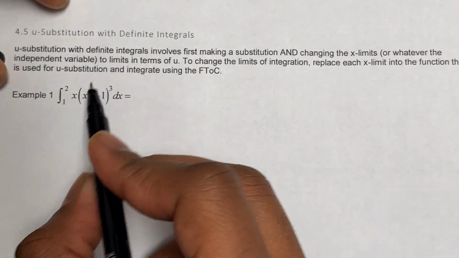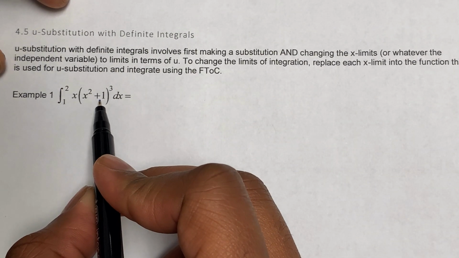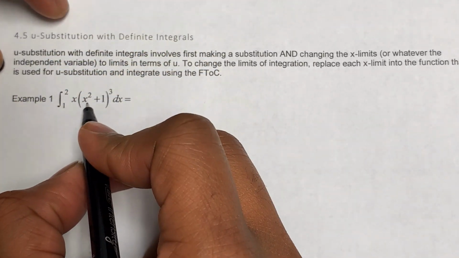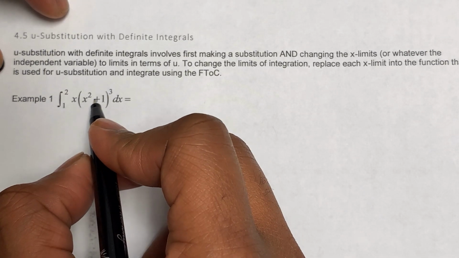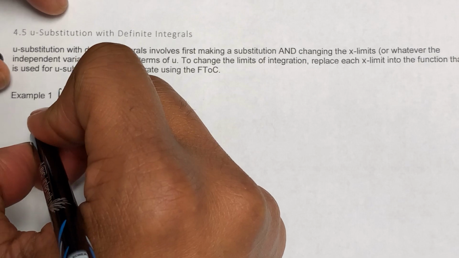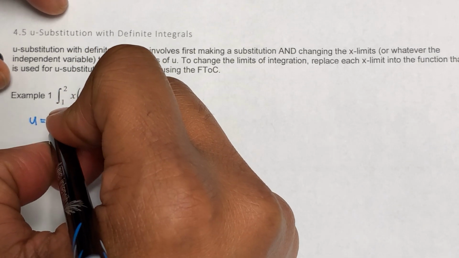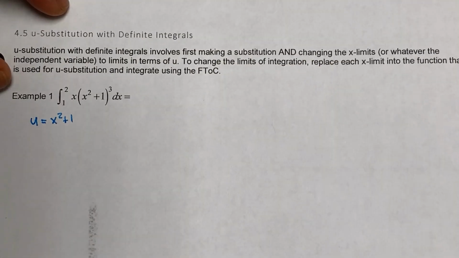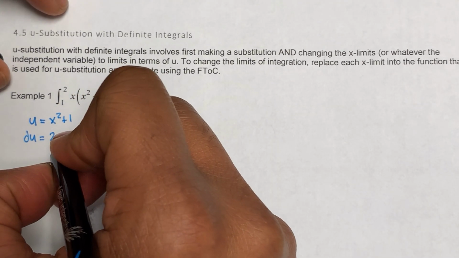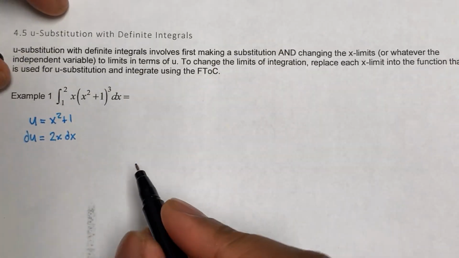When we did u-substitution, we generally said that if we have a polynomial expression, we want u to be the expression whose derivative is everything else. So we're going to make our u x squared plus 1, and our du 2x dx.